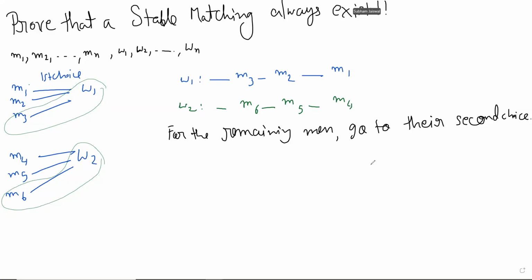And no, but then my question is, for the women who are already used, are you going to consider them again? The women who have already picked their partners, are you going to consider? So, are you going to consider W1 again? Let's say in M6, M5's list and M4's list, W2 is second choice.